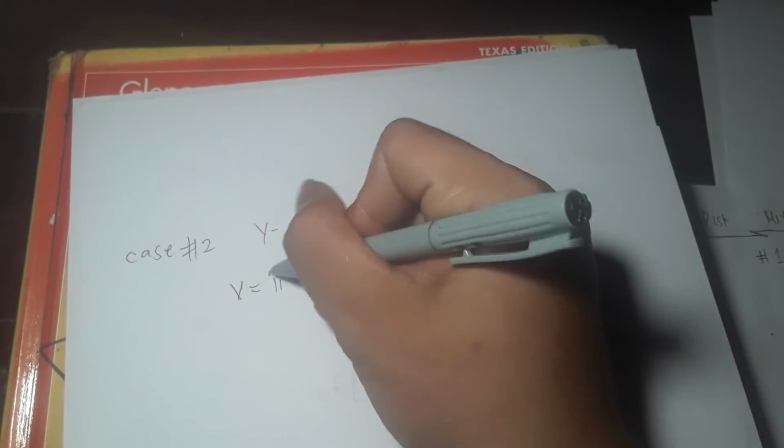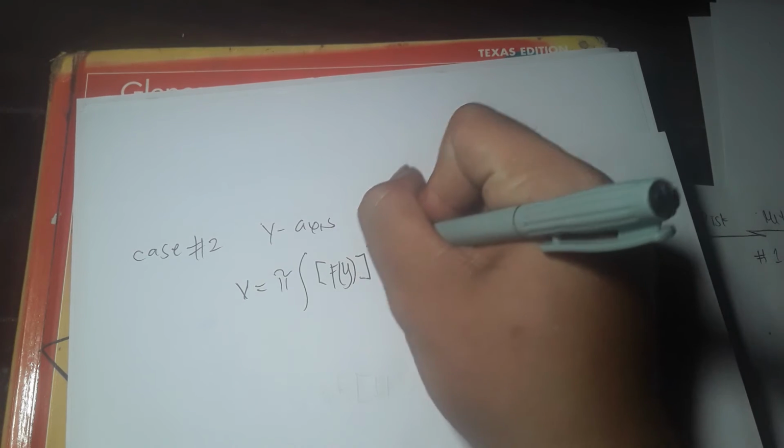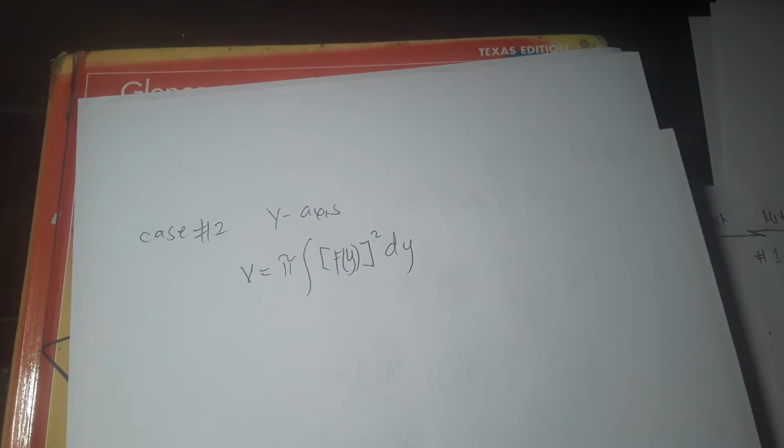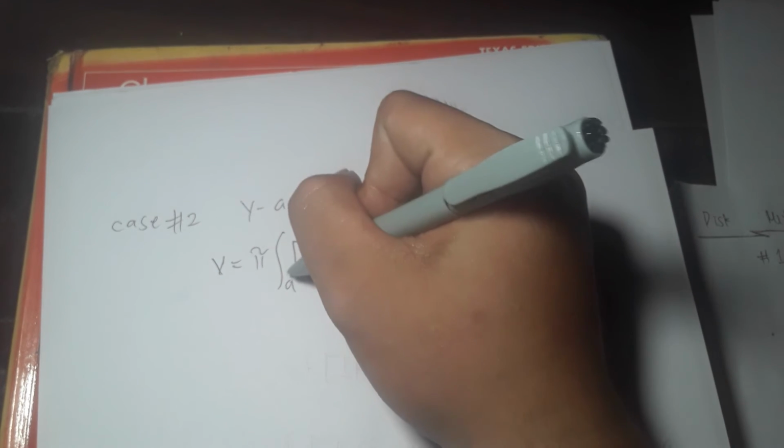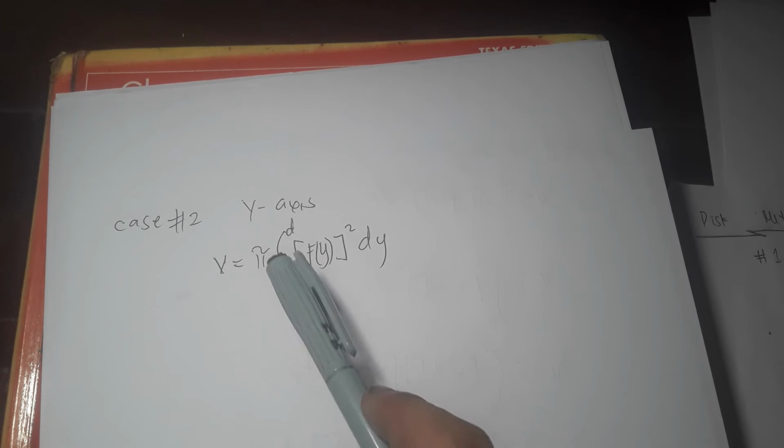So the formula, we have V is equal to pi times the integral of f of y raised to the second power with respect to y. We already have the value of our f of y, and for the limits of our integration, we use the variables c and d instead of a and b.